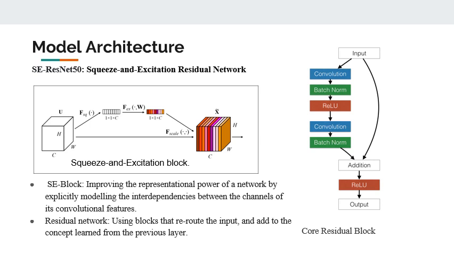This would work better than just learning a concept without a reference that was used to learn that concept. In our module, these two blocks are used to form one block, and 5 blocks in cascade form the network with 50 layers.